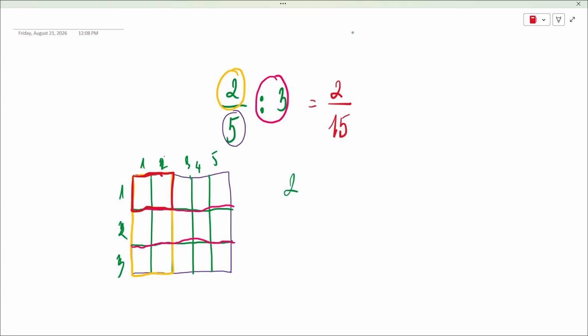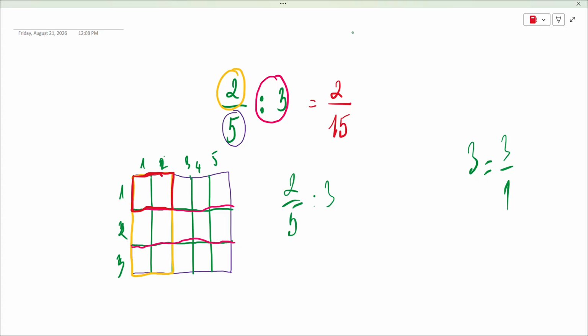Let's think about this. 2/5 is divided by 3. Think of 3 as a whole, or you can think of it as the fraction 3/1.